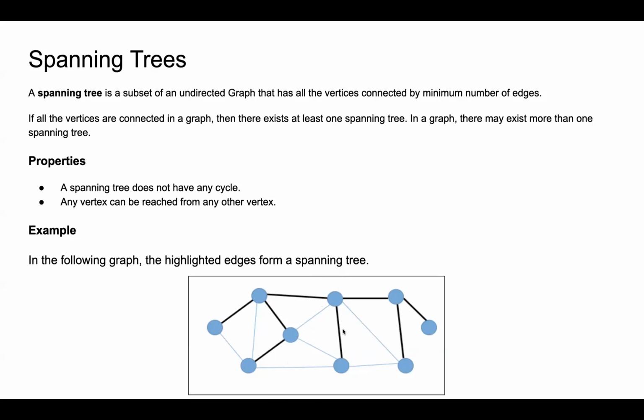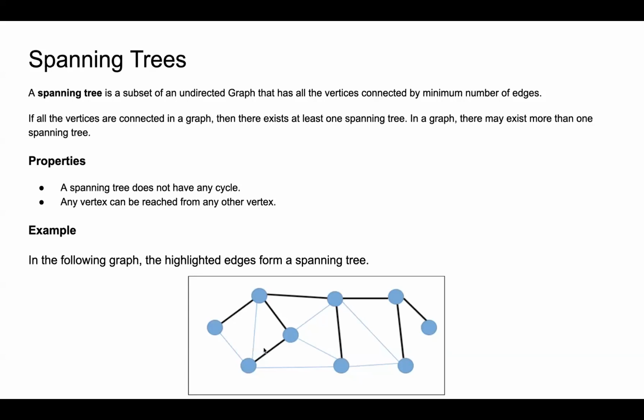It is an undirected graph that has all the vertices connected by a minimum number of edges. Okay, this graph has all the vertices connected by a minimum number of edges.